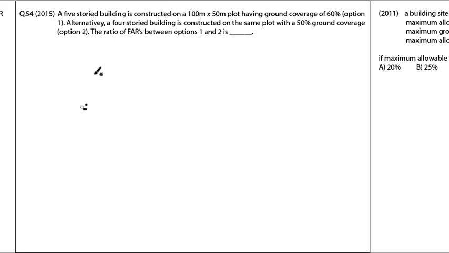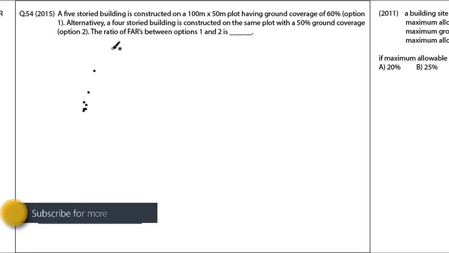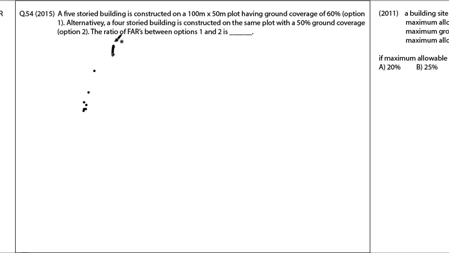A 5-story building is constructed on a plot of 100 meter into 50 meter plot having ground coverage of 60%. This is option 1. So there are two options. Alternatively, a 4-story building is constructed on the same plot with 50% ground coverage. The ratio of FAR between these two options is?